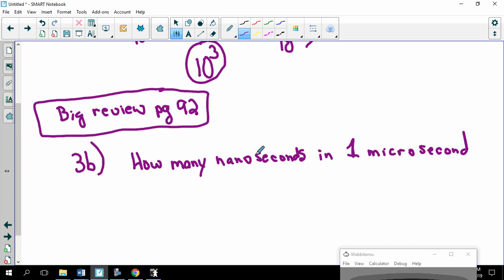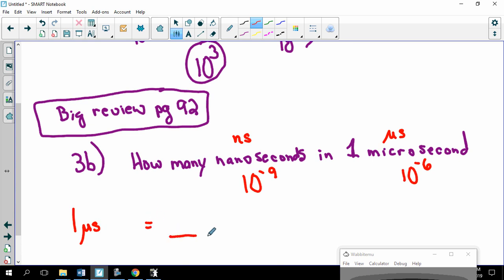Well, the book says nano is 10 to the minus 9, and the book says micro is 10 to the minus 6. Now, nano is ns seconds, and micro is mus. Now, in 1 microsecond, we need blank nanoseconds.